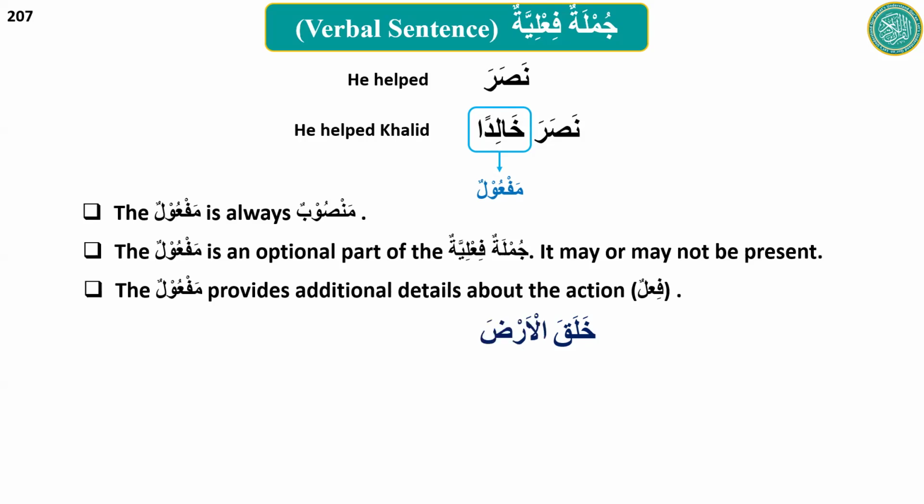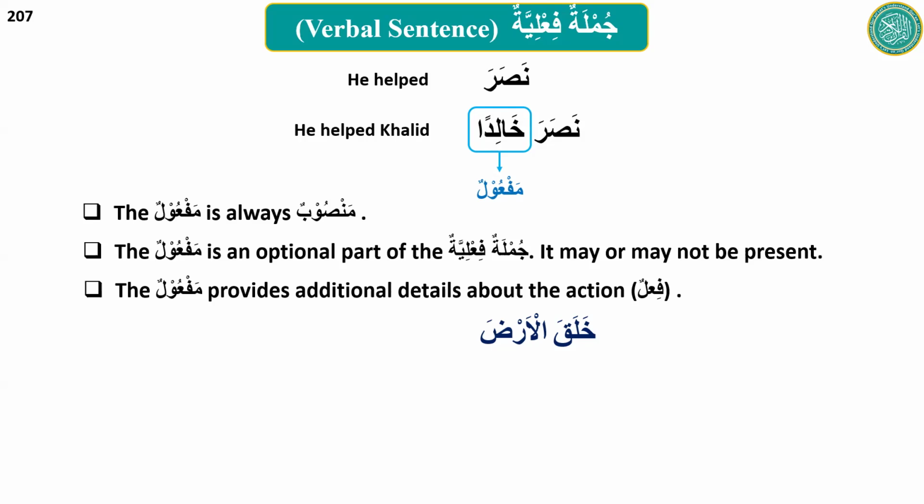Okay. Al-arda. Arda means earth. What does it mean now? He created the earth. What is the fail? The fail is khalaqa. What is the fa'il? The doer. He. What is the maf'ul? Al-arda.